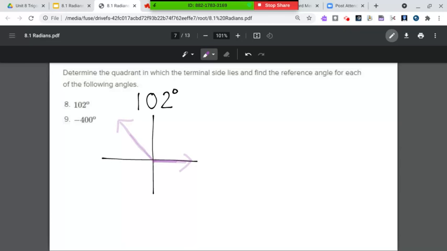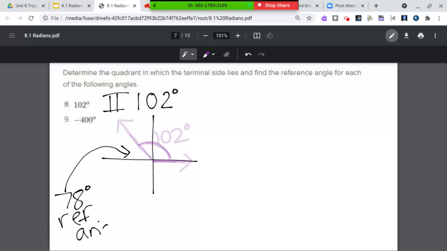I know I go a little off, but that's 102. Which quadrant does that lie in? Quadrant 2. What would be its reference angle? How far is it, acute angle, from the x-axis? 78 degrees. Good job, guys. 78 degrees is your reference angle, the positive acute angle from the x-axis.